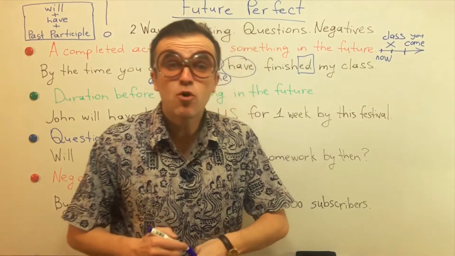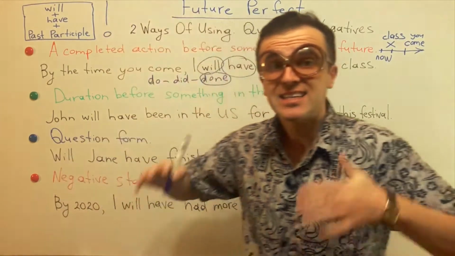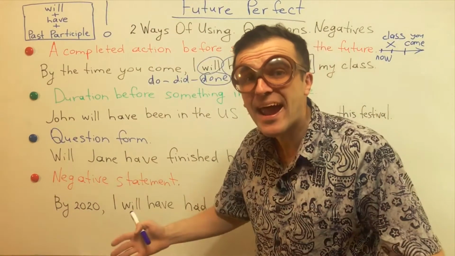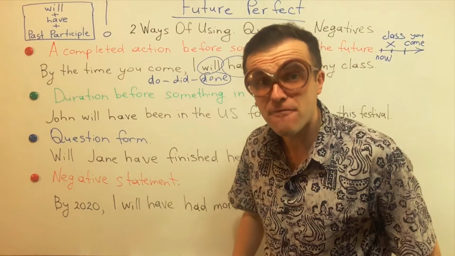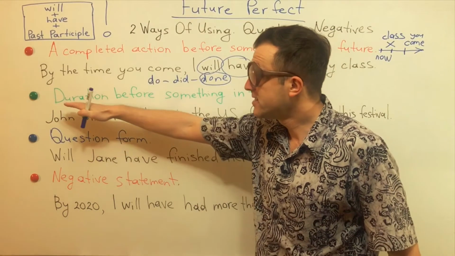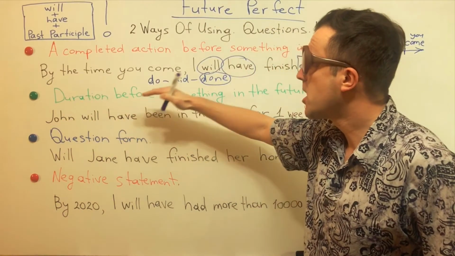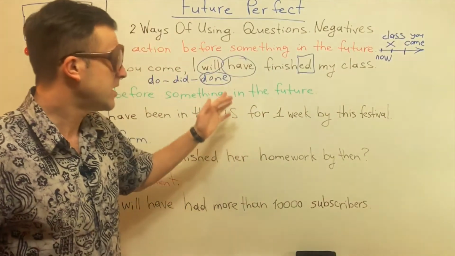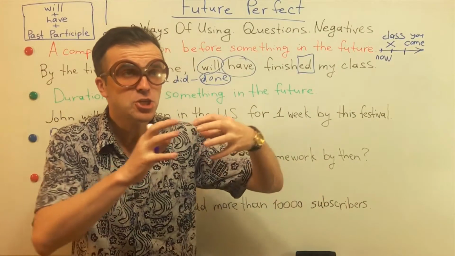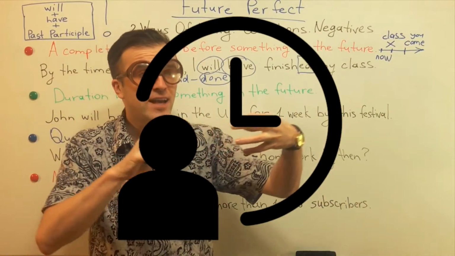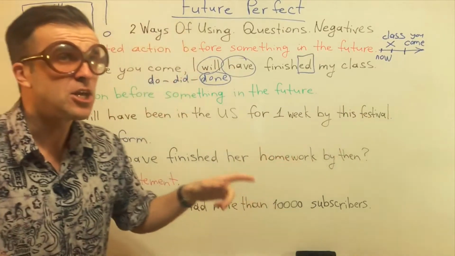So let's move on to the second way of using the future perfect. The second way is duration before something in the future. Duration, like the progressive form, before something in the future.